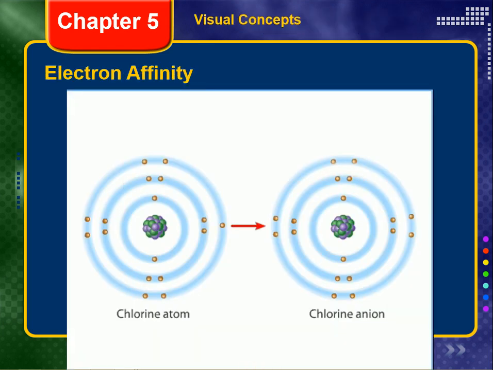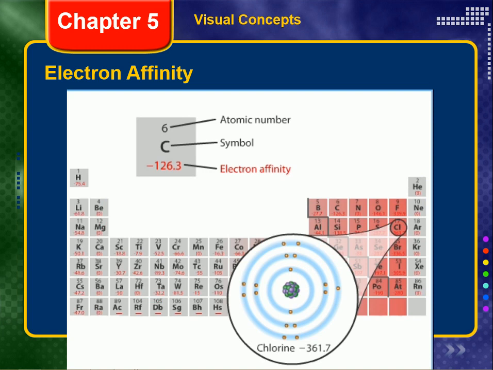Some elements acquire electrons to form negative ions. In the case of chlorine, the formation of a negative ion is favored because the resulting chlorine has a full octet. In general, the closer the atom is to acquiring a full octet, the more strongly it attracts electrons. Chlorine has 7 valence electrons, and its electron affinity is negative 361.7.